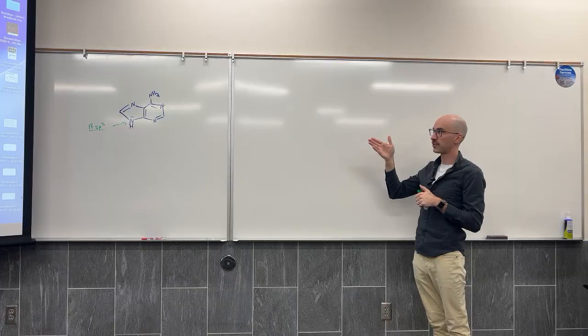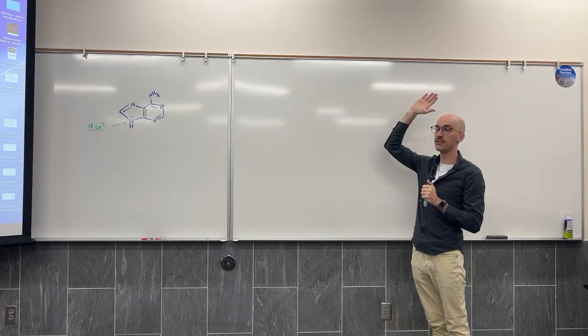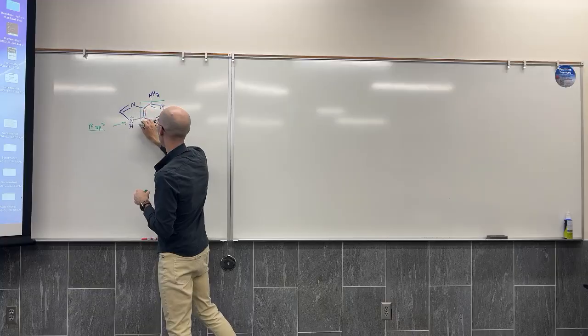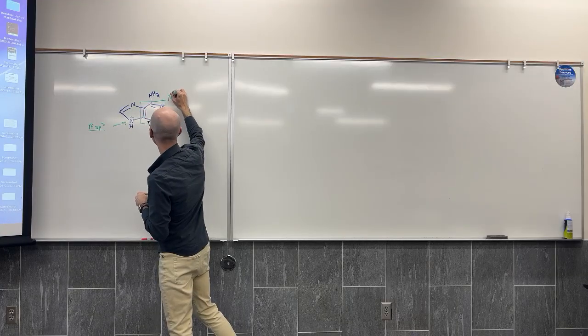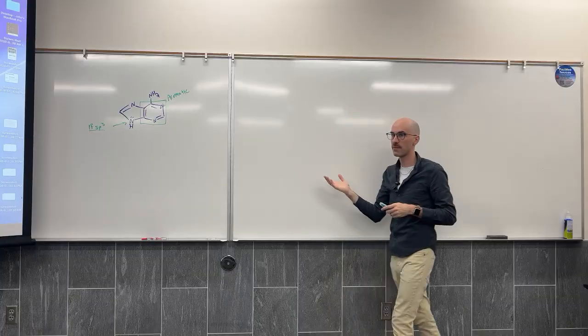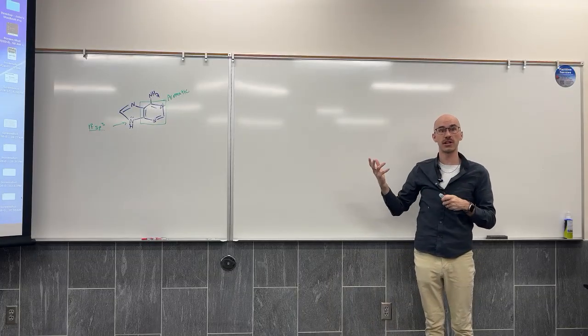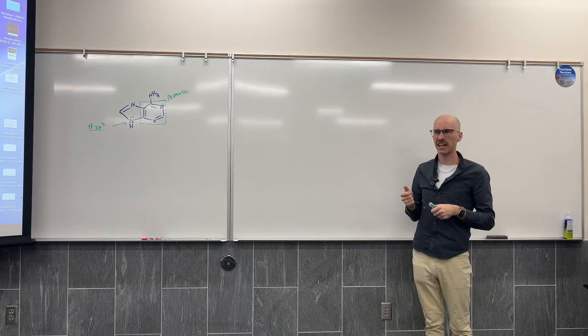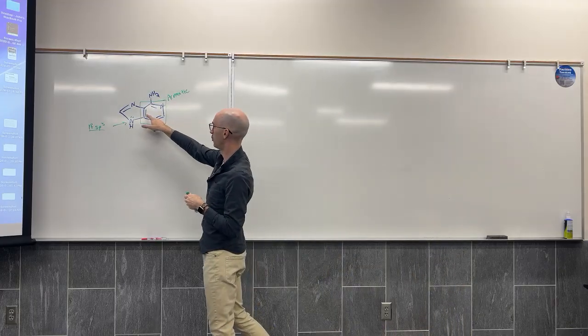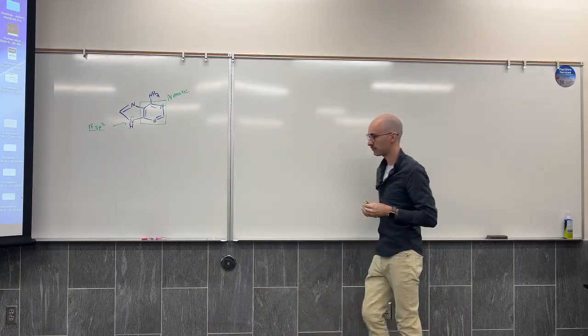Well, if that nitrogen is sp3, then we do not consider anything on the left-hand side, and we would only analyze the right-hand side of the molecule, which has the same shape as pyridine, the same shape as benzene, just has an extra nitrogen. So it's aromatic. 2, 4, 6 pi electrons.